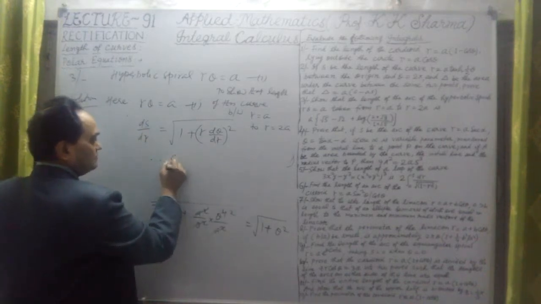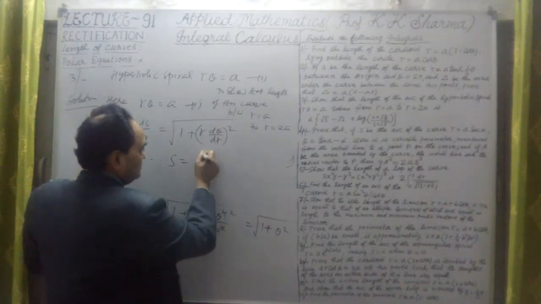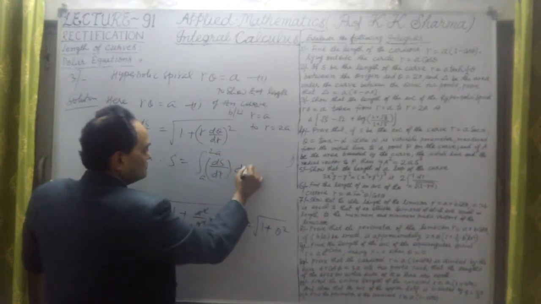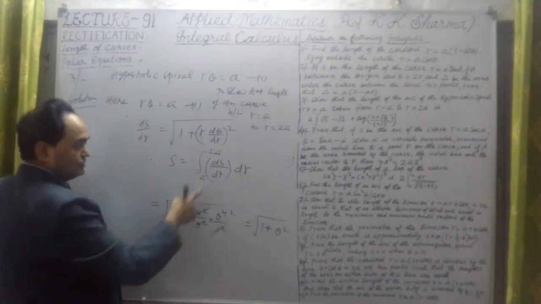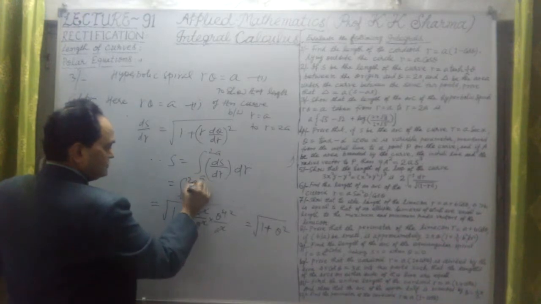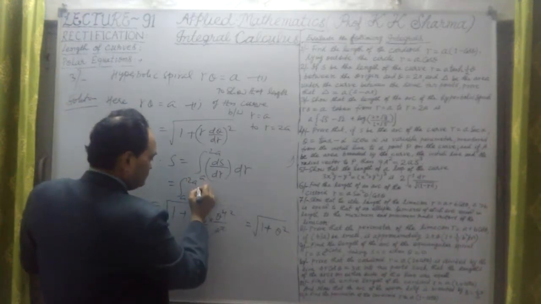Therefore s, the length of the arc, is the integral from a to twice a of ds upon dr into dr, which is the square root of 1 plus theta square.